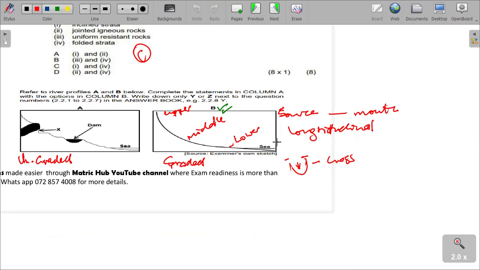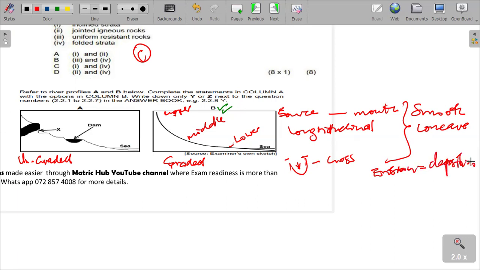This profile is smooth and concave, which shows a balance: erosion is equal to deposition. Therefore, we can have a graded profile.